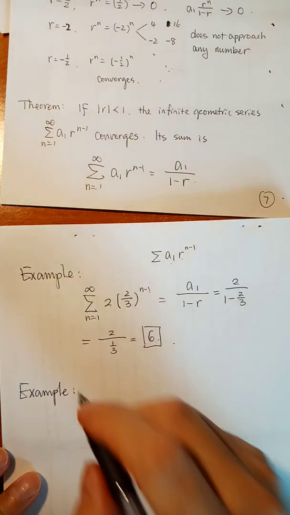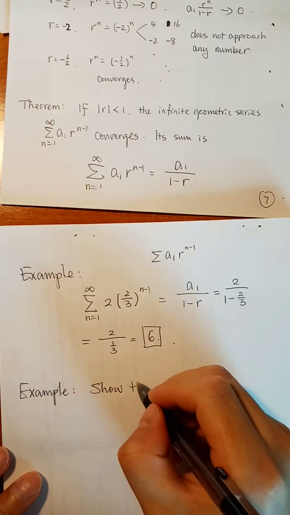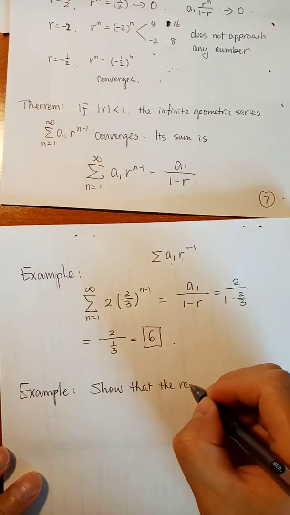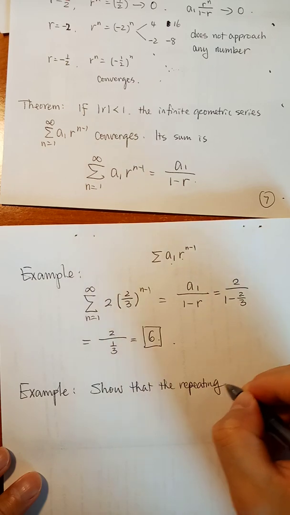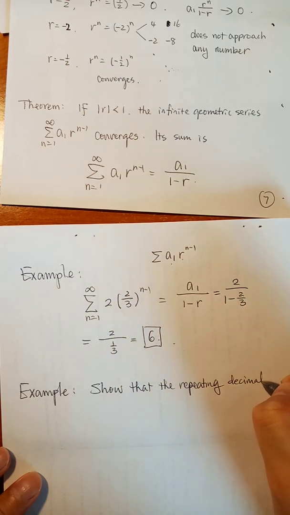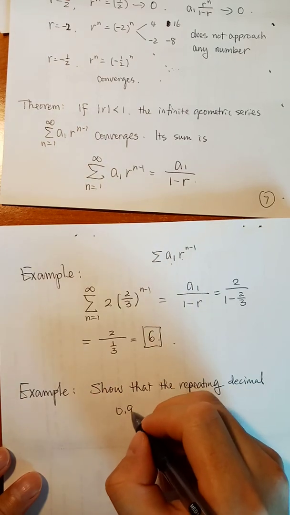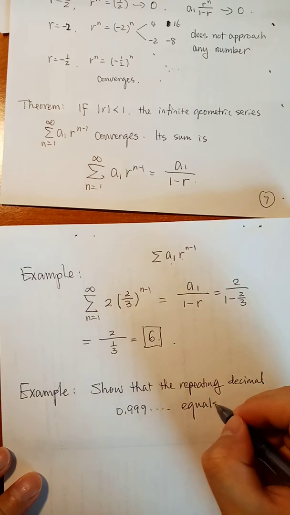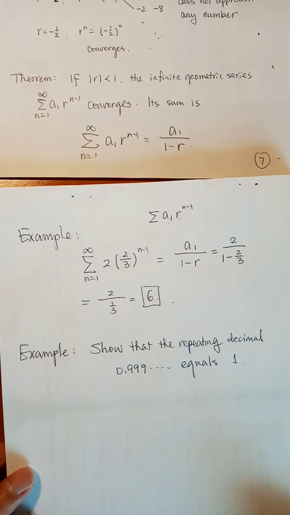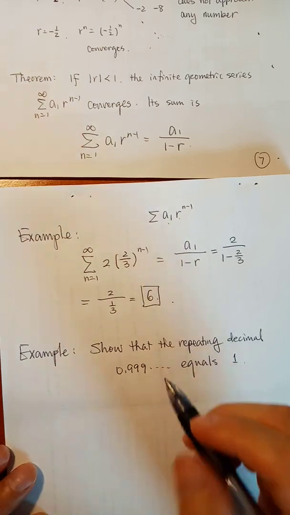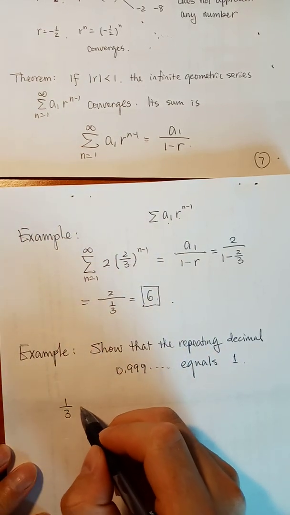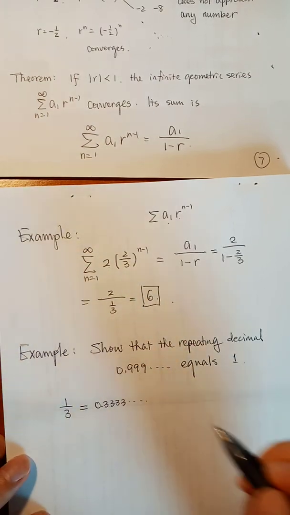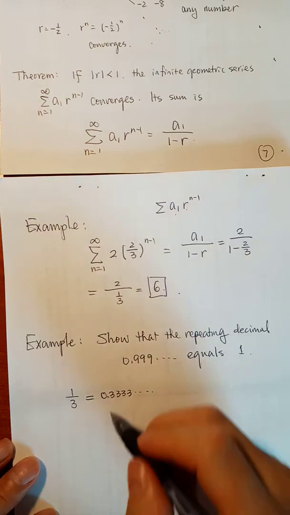Now let's show that the repeating decimal 0.999999 and so on equals 1. Why? Remember that 1/3 is a repeating decimal, 0.333.